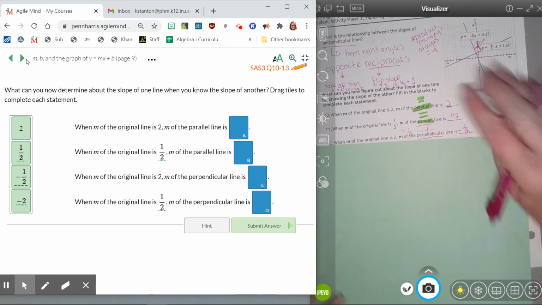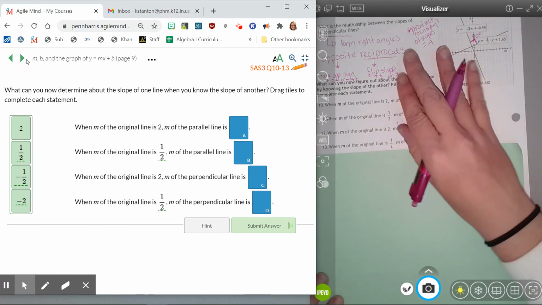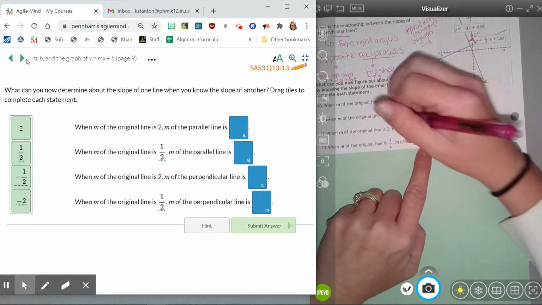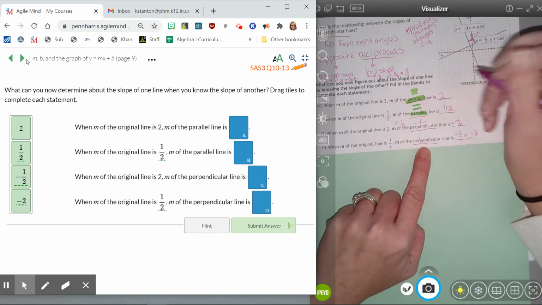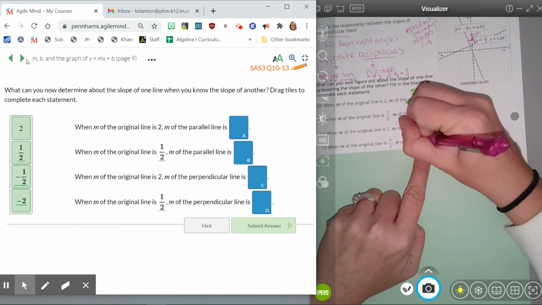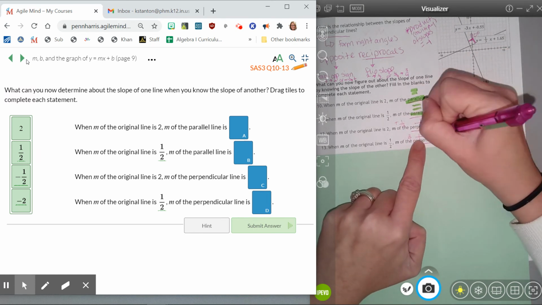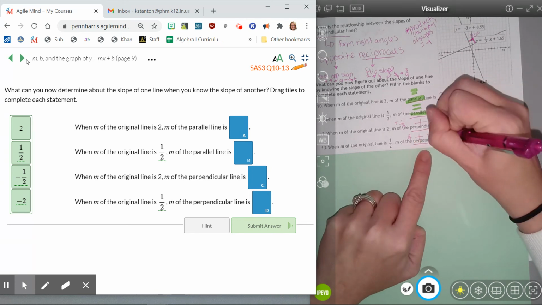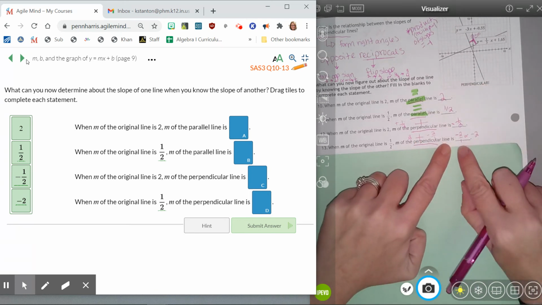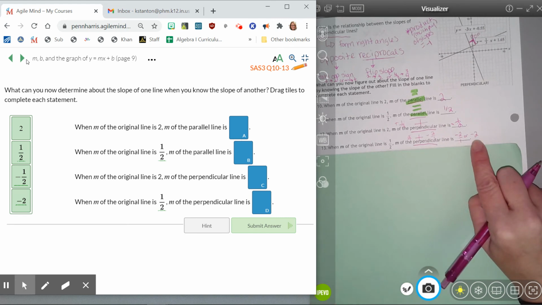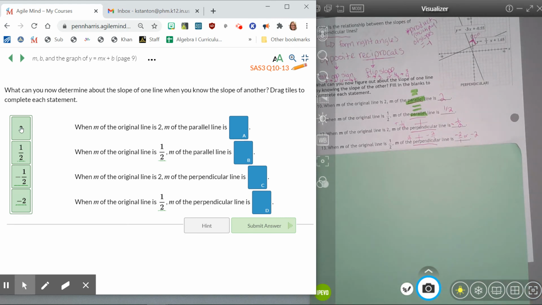If the original line is 1/2 and they want perpendicular, so let's flip it to become 2 over 1 and then change the sign to give me negative 2 over 1. So you can write that as negative 2 over 1 or reduce that to just negative 2. Okay, so we had 2, we had 1/2, we said negative 1/2, and then we said negative 2.